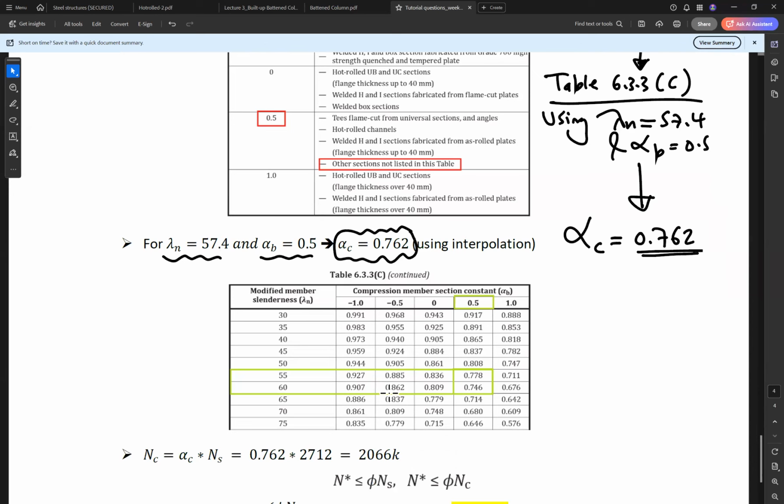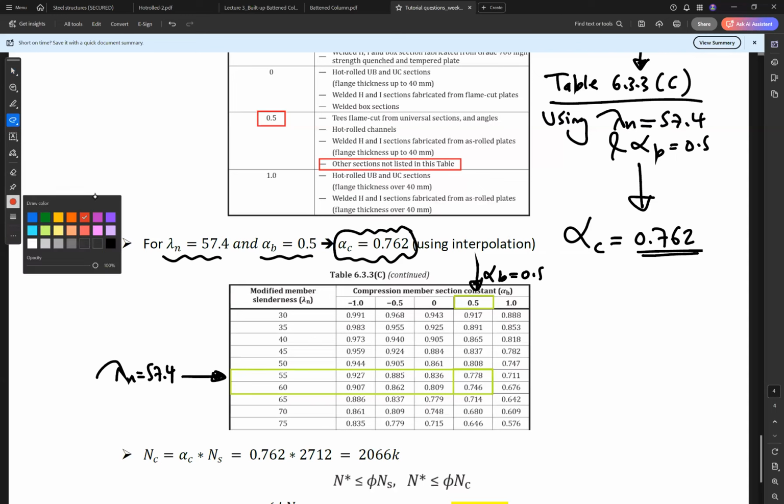If we go to table 6.3.3, we know that lambda n, which is 57.4, is somewhere in between here, and here is alpha b equal to 0.5. So our value will be something in between these two values. So using interpolation, you can find the value of alpha c.